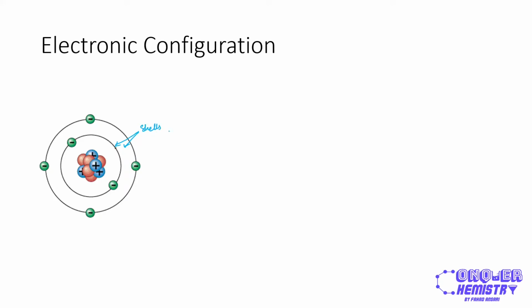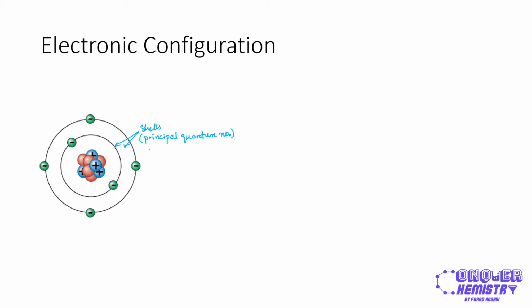Now these shells are denoted by a certain kind of number, which we call the principal quantum number. Now the principal quantum number in simple terms is a fancy word for shell number. So shells are basically numbered from 1 onwards depending on how close the shell is to the nucleus.